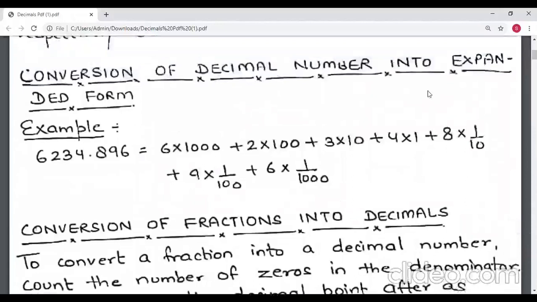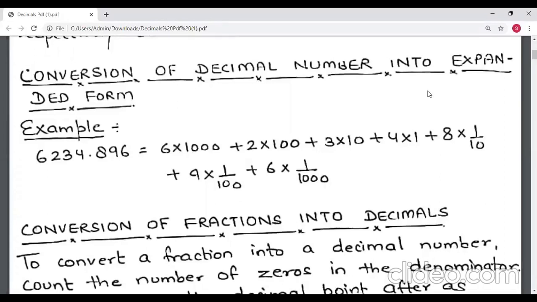For example, 6234.896 can be written as 6 into 1000 plus 2 into 100 plus 3 into 10 plus 4 into 1 plus 8 into 1 upon 10 plus 9 into 1 upon 100 plus 6 into 1 upon 1000. Here 6234, 0.8, 0.09 and 0.006 are the place values of the given numbers.